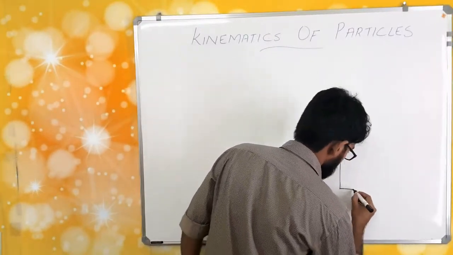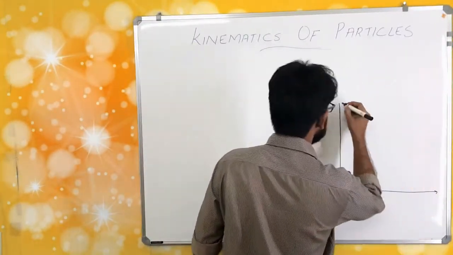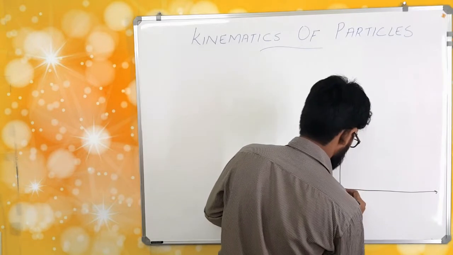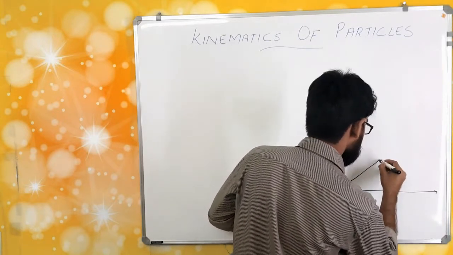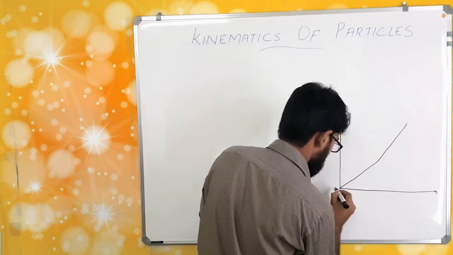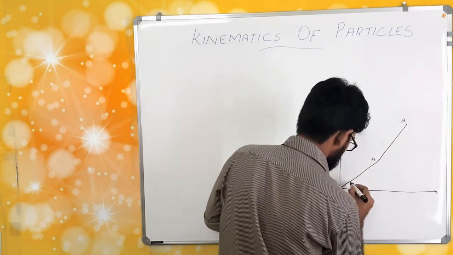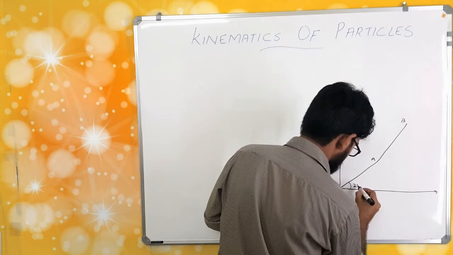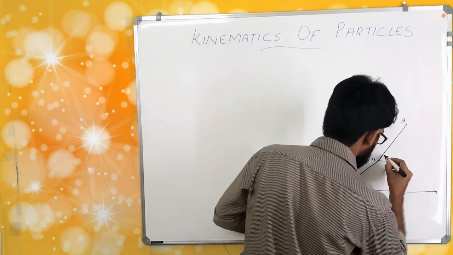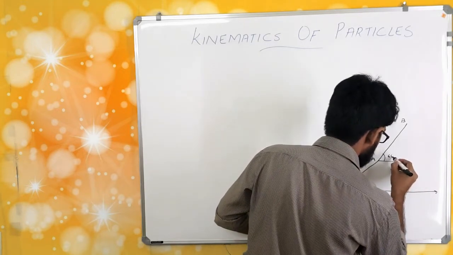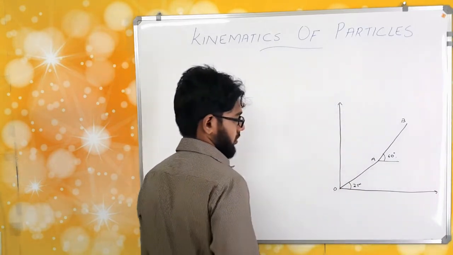Let me draw the figure here. You have two rods OA and AB. OA is inclined at 25 degrees at an instant of time and AB is inclined at 60 degrees.